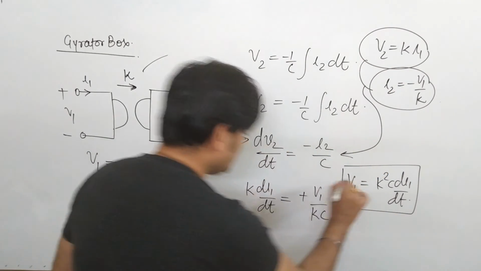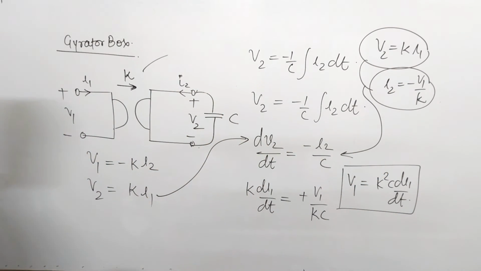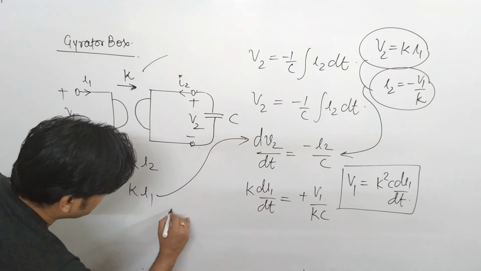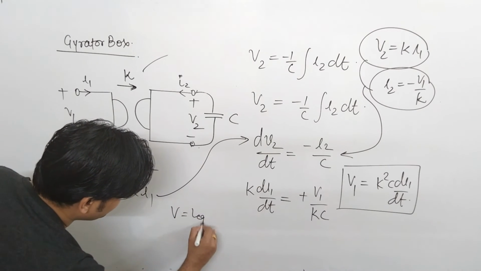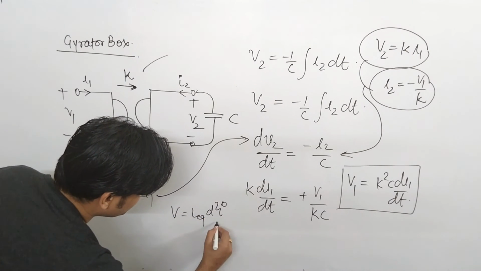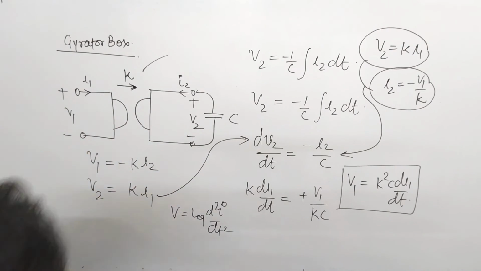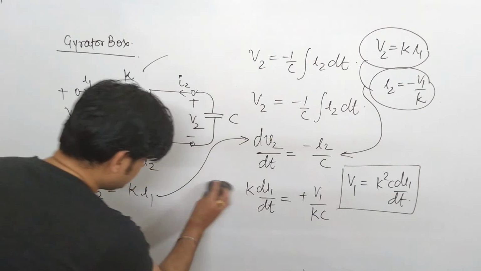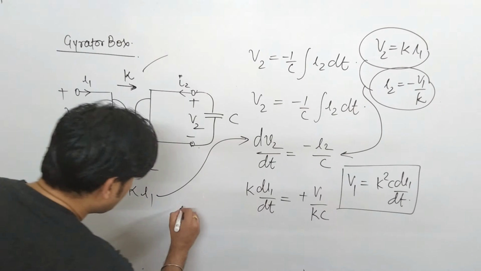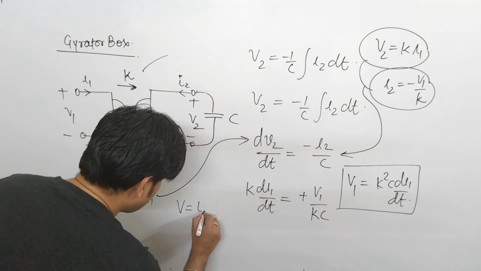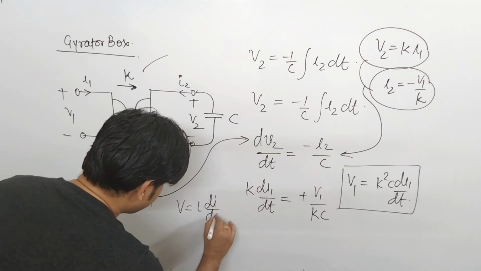Now if you analyze this equation, it is in the form of V is equal to L dI by dt.